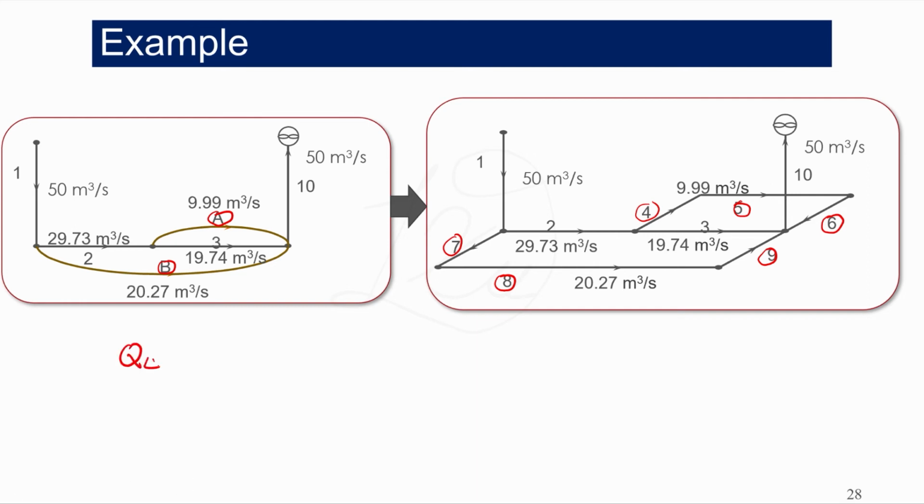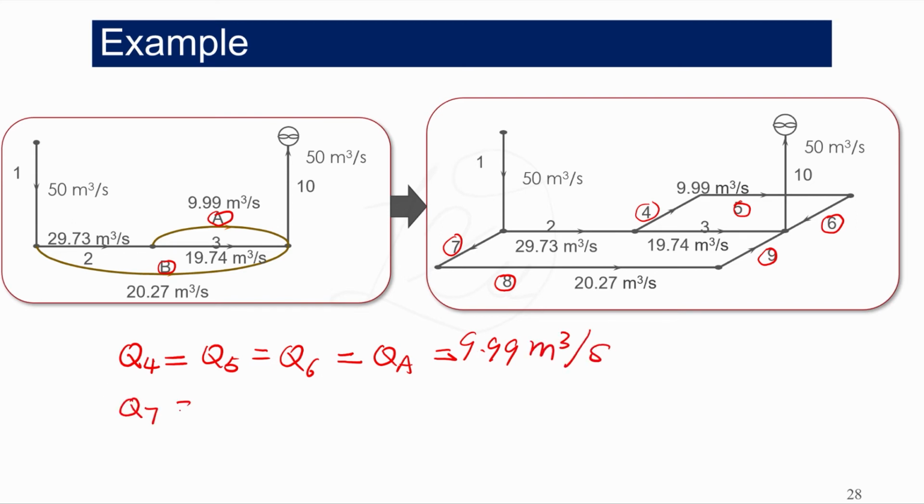So Q4 equals Q5 equals Q6 equals QA equals 9.99 cubic meters per second. Similarly, Q7 equals Q8 equals Q9 equals QB equals 20.27 cubic meters per second.